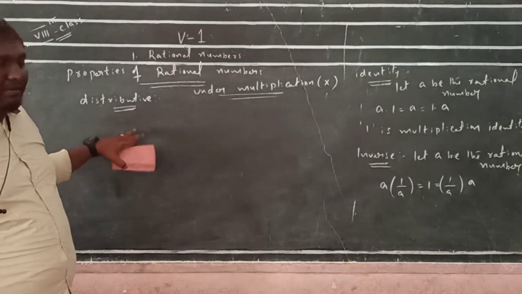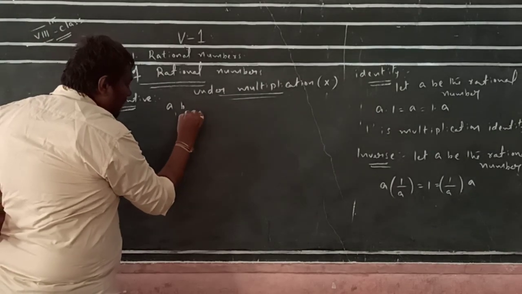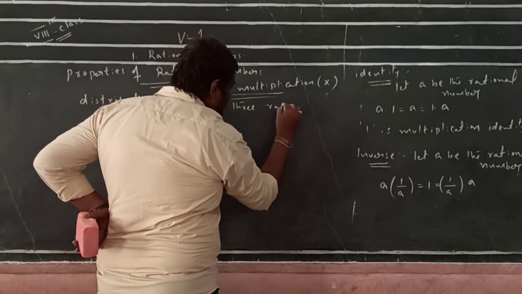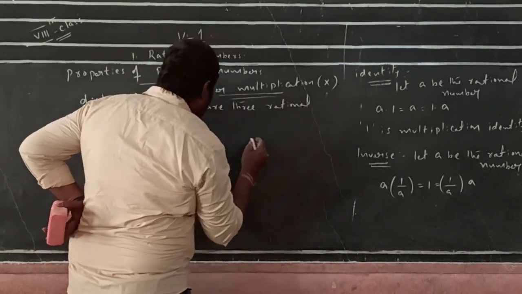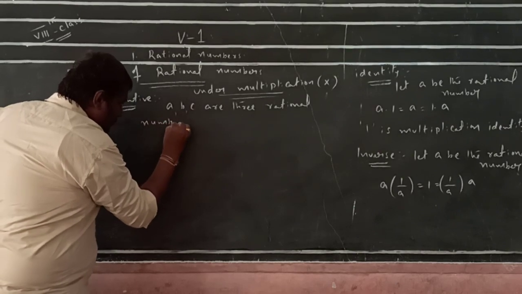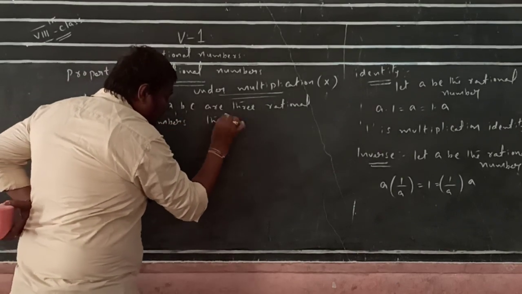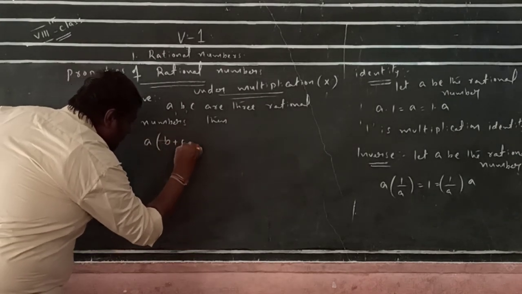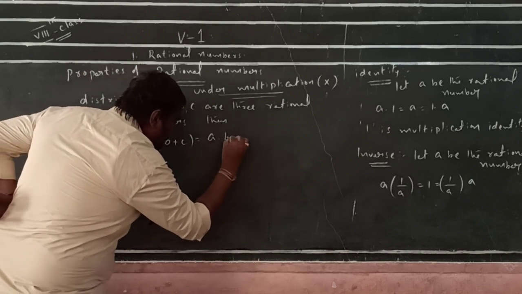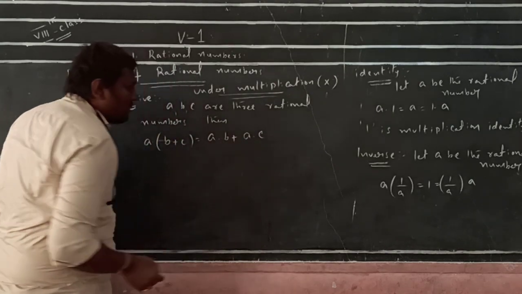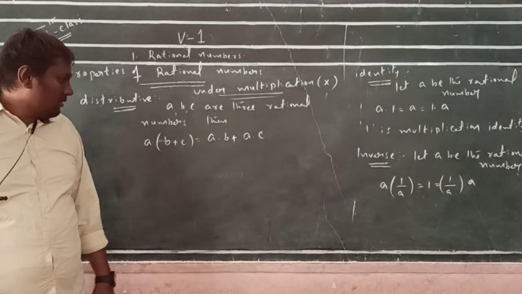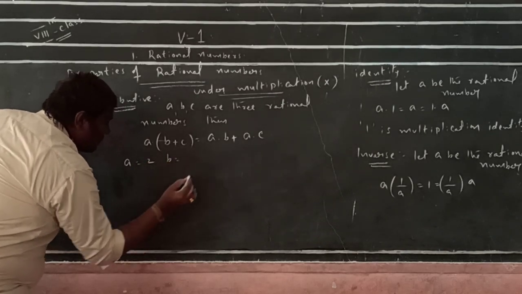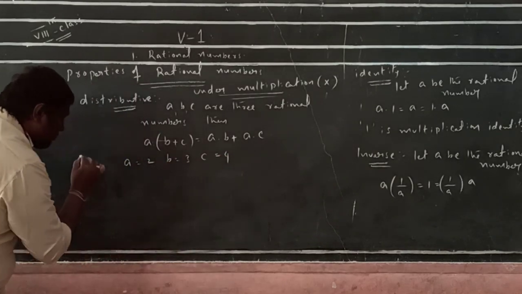Here also we can take three variables, A and B, C are three rational numbers. Then here A dot B plus C is equal to A dot B plus A dot C. This is the condition of the distributive property. For example, we take A value is 2, B value is 3, C value is 4.